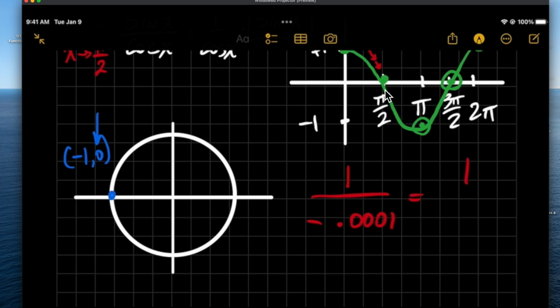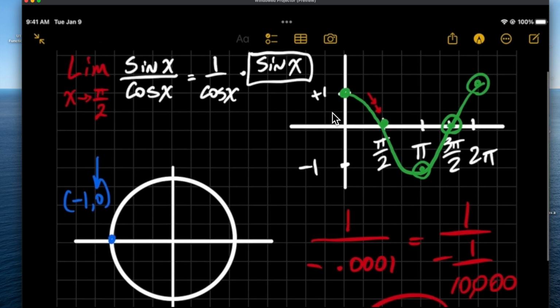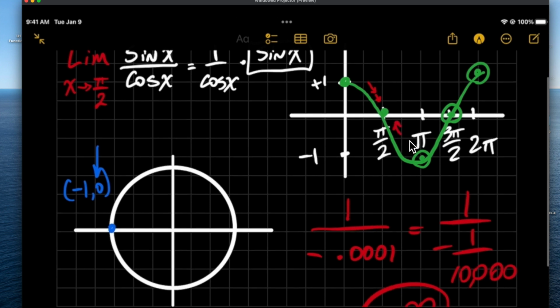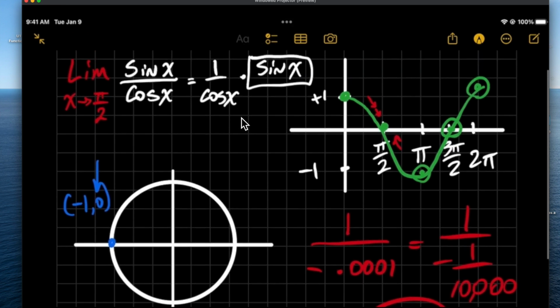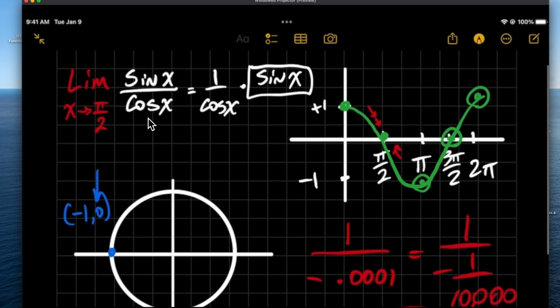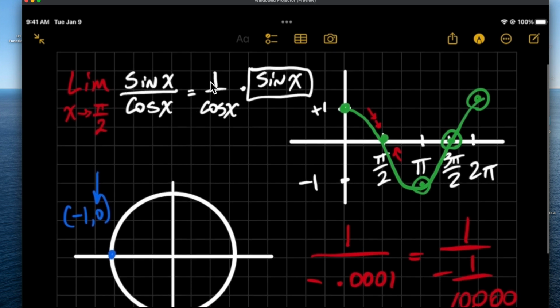That's the same as 1 over -1 over 10,000. This is going to approach negative infinity. So if you have 1 over cosine x, you're approaching it from the left, it's positive infinity. From the right, it's negative infinity. Then that part of this product has an undefined limit, or I should say that limit does not exist, which means the whole tangent limit does not exist.